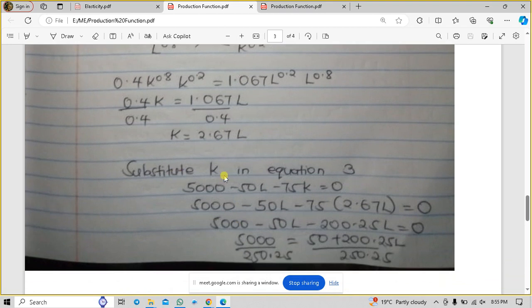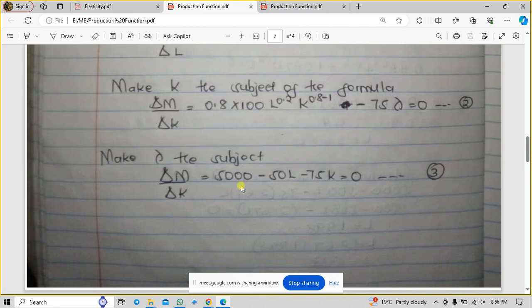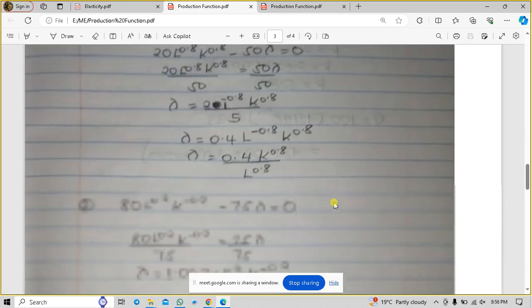So from there we substitute k in equation number 3. In equation number 3, we already have k. So we substitute it, so it will be 5,000 minus 50L minus 75 into bracket k.